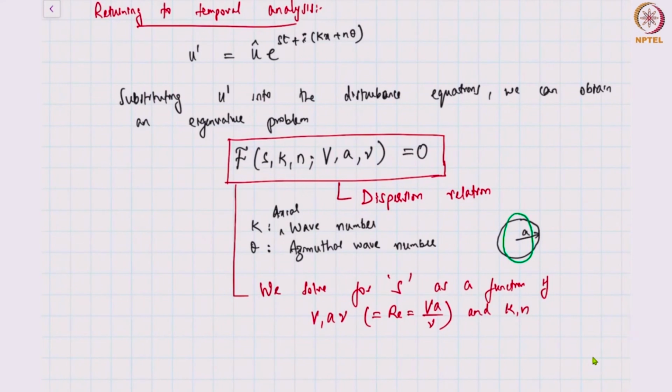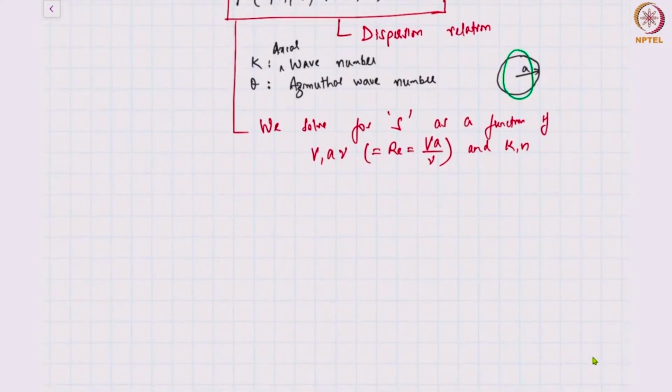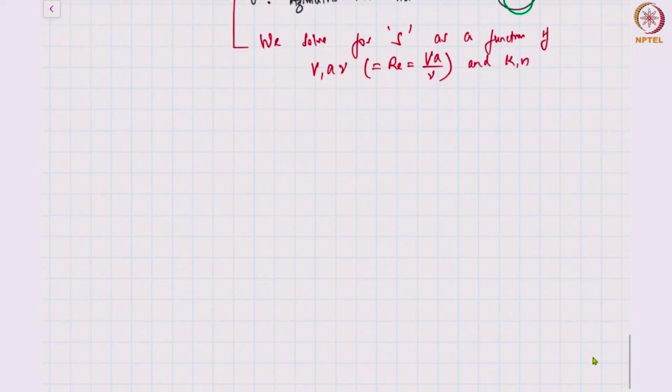For example, I could vary all possible values of n and k, and for a fixed Reynolds number, I can find out whether there is any value of sigma which is greater than 0. Remember, sigma was the real part of S. If yes, then you say that the flow is unstable. So from this, I can make a map of this sort. You can say it's a stability map. A stability map may look something like this.